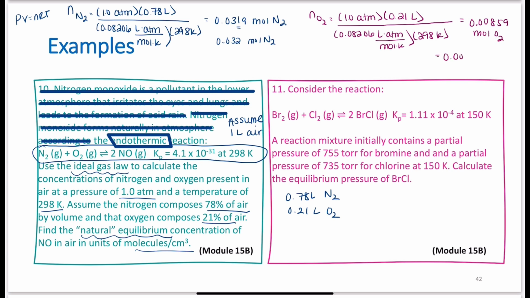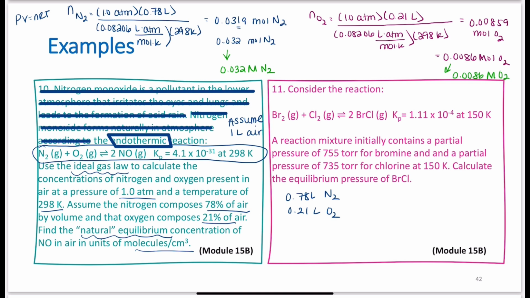I'm going to go ahead and round that to 0.0086 moles. I need an ICE chart in a second, but this actually makes my life pretty easy because we assumed 1 liter, that means this is also 0.032 molar and 0.0086 molar because we have 1 liter. So that made our lives easier. If you need that information, you should go ahead and write it down because I'm definitely going to have to erase that because I'm going to need the space in a minute.